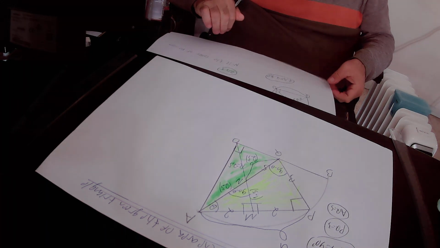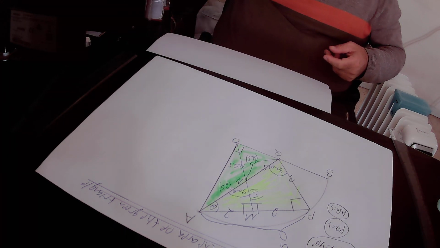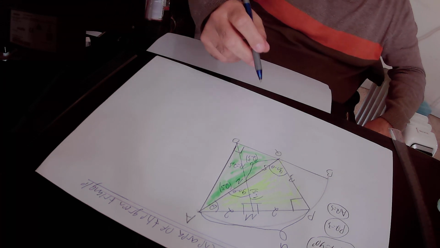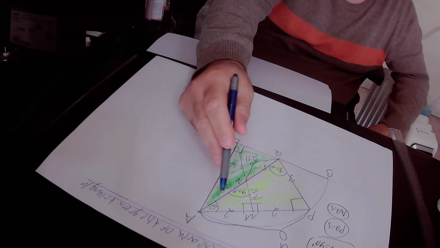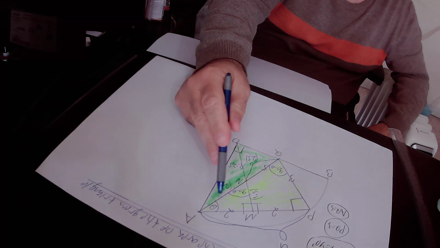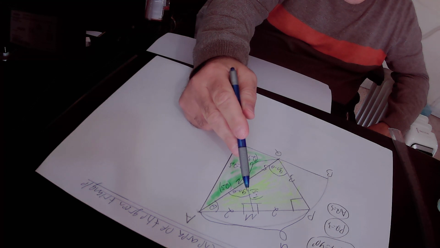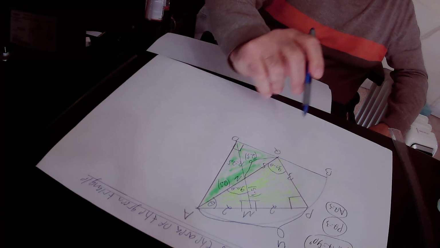In the next step, we'll focus on the right triangle AMO. I'll copy the right triangle AMO in a new page, and we will implement in this right triangle the Pythagoras theorem.